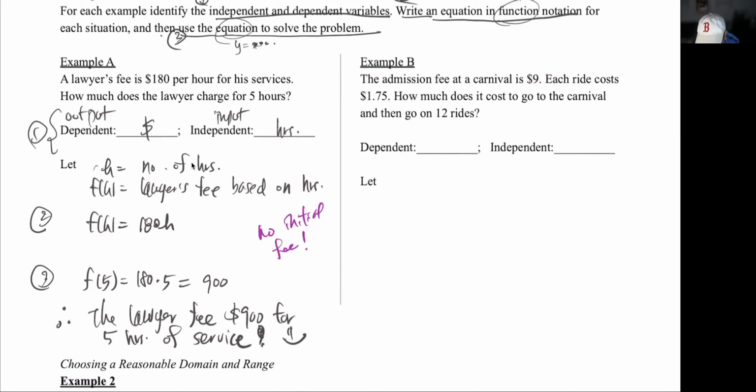And example B has an initial fee, which is right here. That's the admission fee. That's the initial fee, the money that you pay whether or not you get a service, just to get a chance to have a ride, or even a chance to talk to your lawyer.